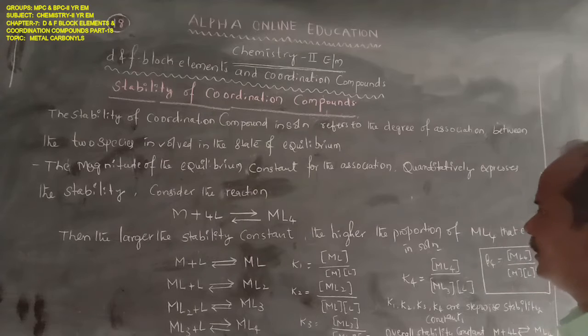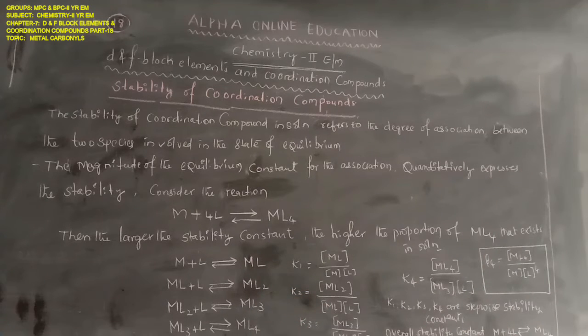These stepwise steps can be represented as K1, K2, K3, K4. So these are stepwise stability constants.